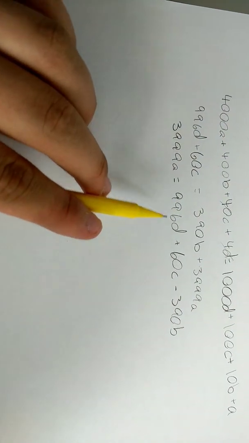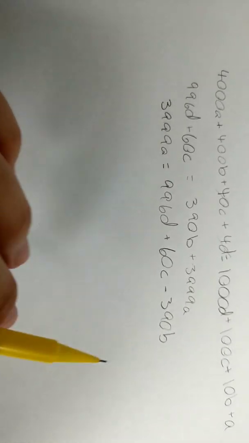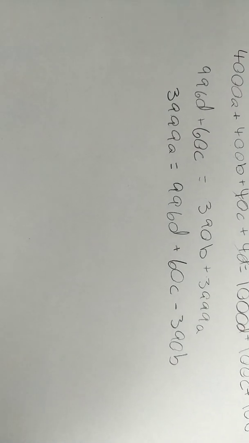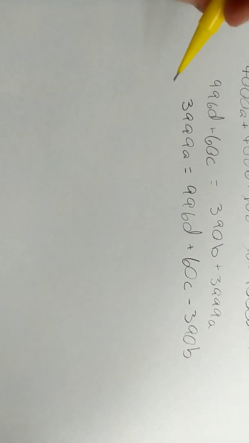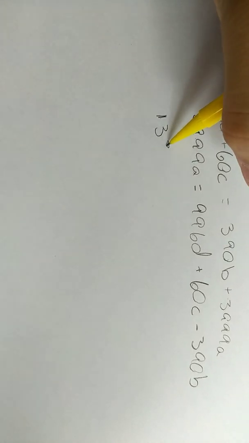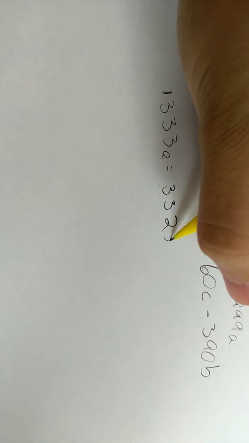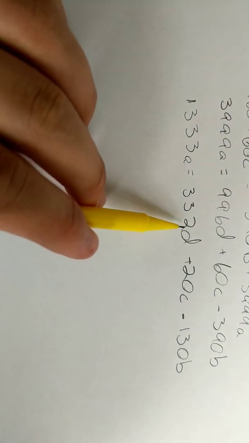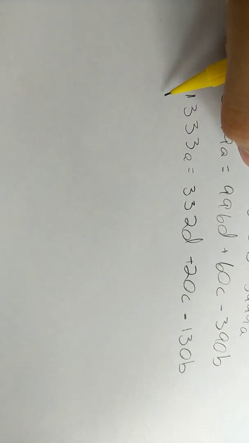And you can see these appear to have more factors in common than 3,999, which is why it's nice to put all of these on the same side. You might notice that these are all divisible by 3, so I'm just going to divide everything by 3. And now that I've divided everything by 3, we can see that on this side all the numbers are even, so they have a factor of 2.